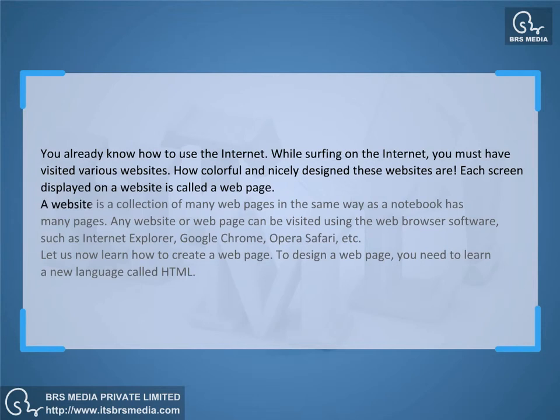A website is a collection of many web pages, in the same way as a notebook has many pages. Any website or web page can be visited using web browser software such as Internet Explorer, Google Chrome, Opera, Safari, etc.